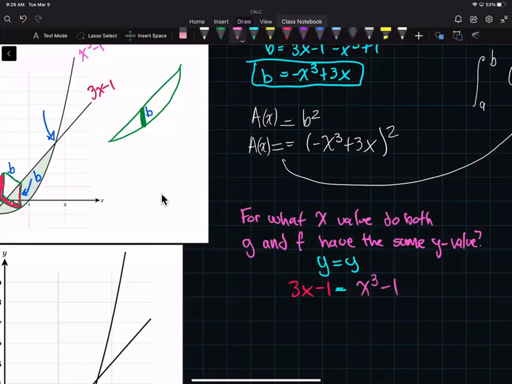And then you solve for x. So go ahead and solve it and then tell me what is the answer. Tell me for what X value are both of them the same? So solve for X and then tell me what's your answer. This is going to give you the second coordinate.